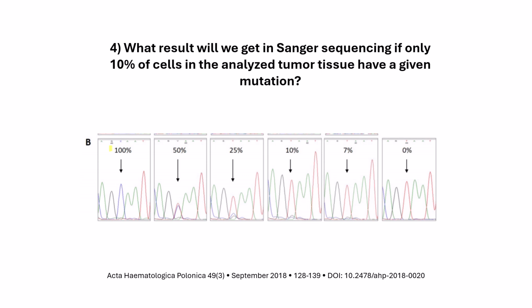And if there is 25%, 10%, 7%, or 0%, there is almost no difference, because if there is less than 50%, for instance 25%, maybe we have some signal, but it's at the background level, and it's very difficult to distinguish the signal from this lower number of cells from the background. So the Sanger sequencing method, in fact, cannot detect a mutation if it is present in a lower percentage of cells than 50%.